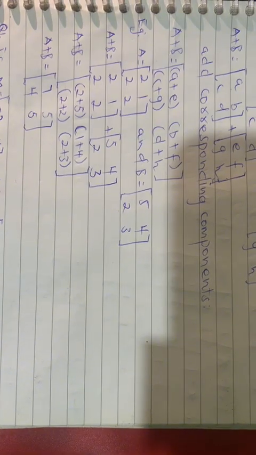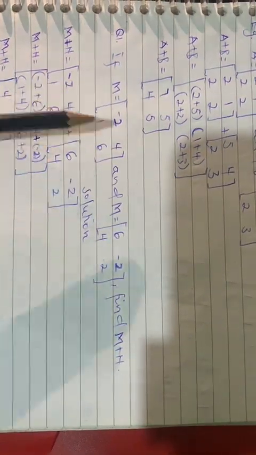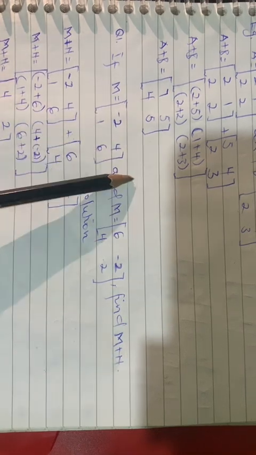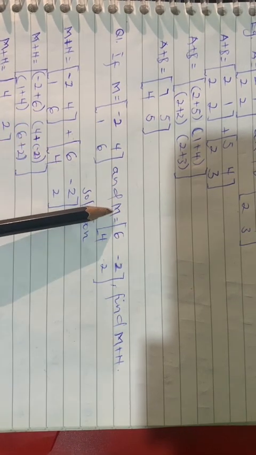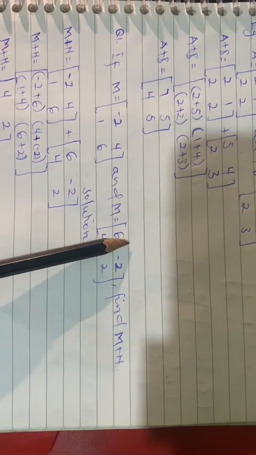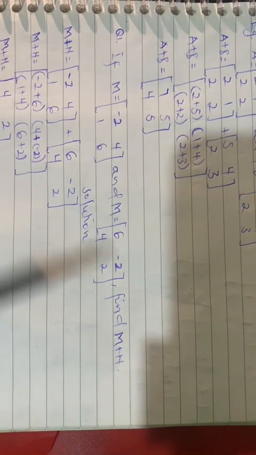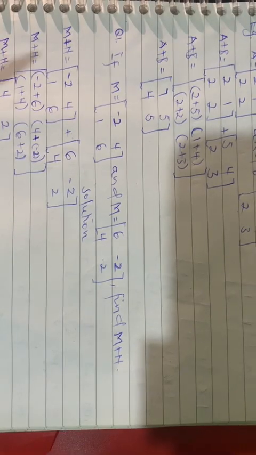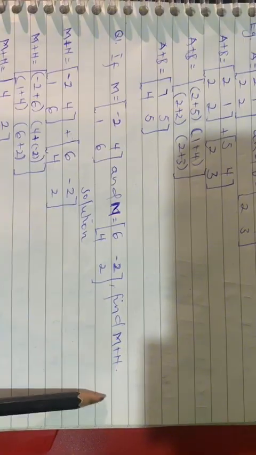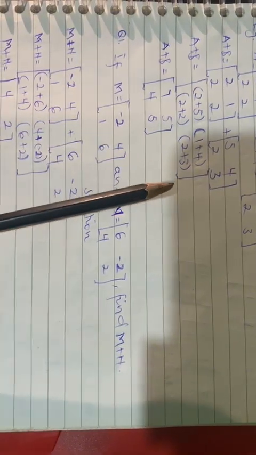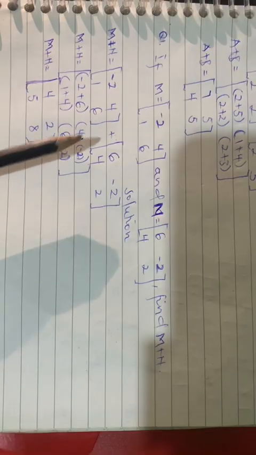Now let's solve another question. If M is equal to negative 2, 4, 1, 6 and N is equal to 6, negative 2, 4, 2, find M plus N. So you are looking for M plus N. How are we going to do it? The same thing, we add the corresponding components.